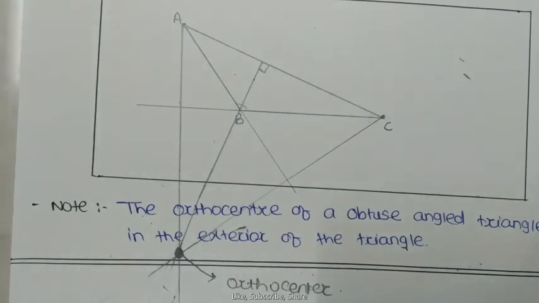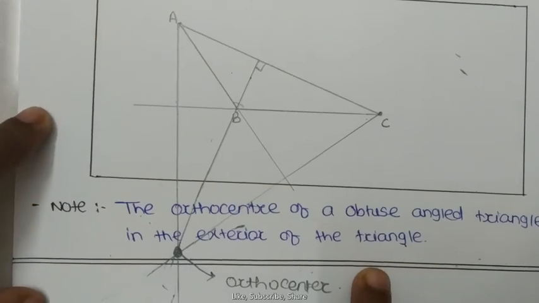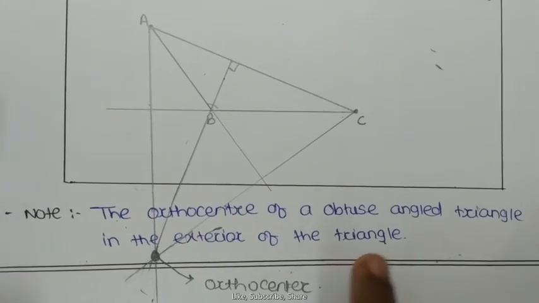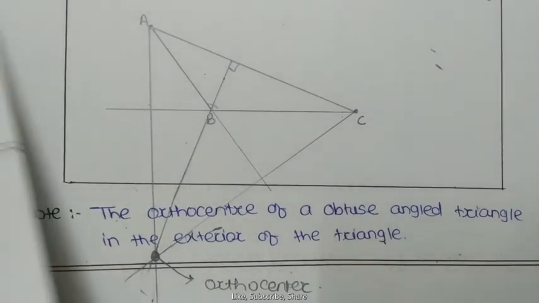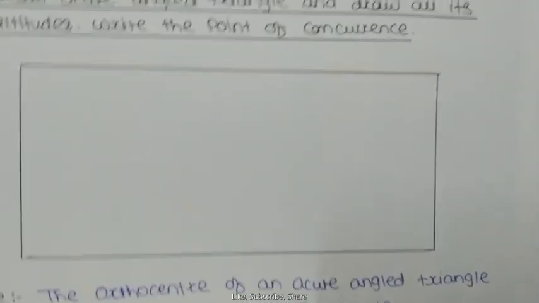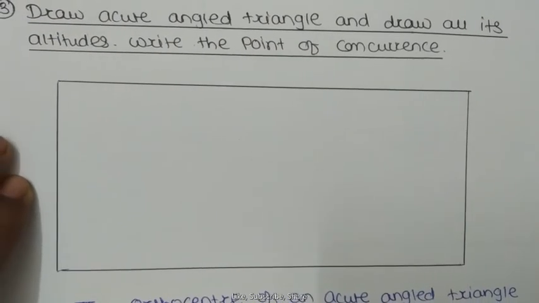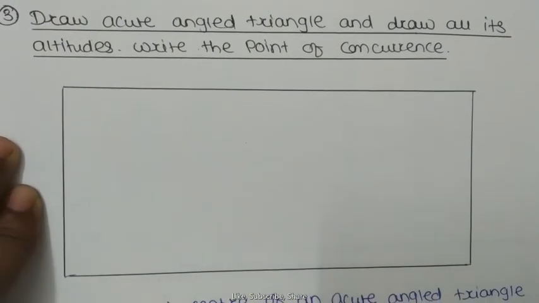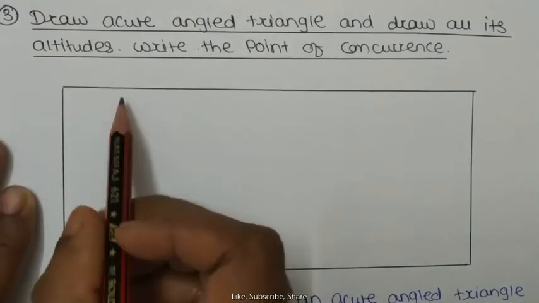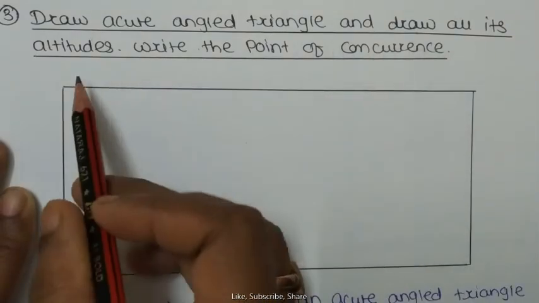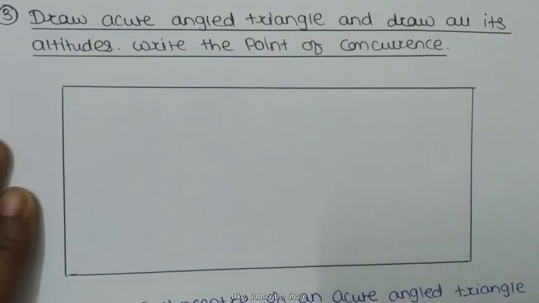Now the next type of triangle is the acute triangle. Okay. I hope you understand this one. So note down this one very properly. Okay. Now next, when we talk about the acute angle, we have to draw an acute angle triangle and draw all its altitudes. Write the point of concurrence.